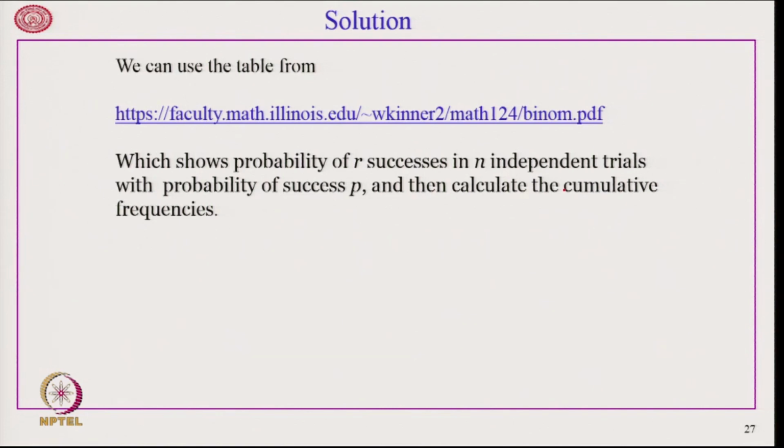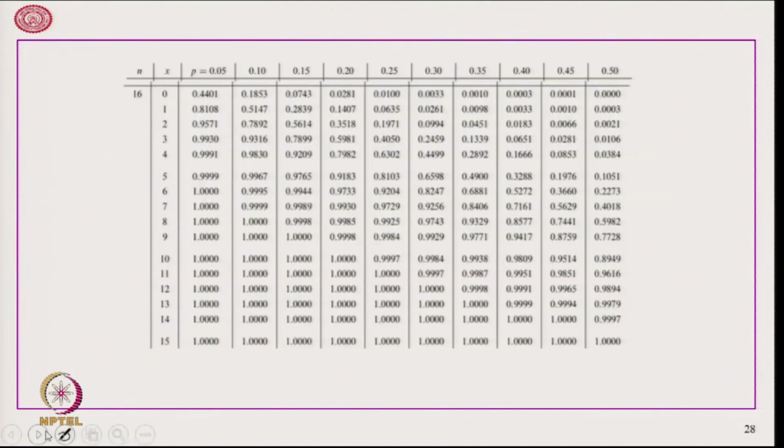For sign test we need to look at p is equal to 0.5. So, consider this table. I am just giving you for n is equal to 16. Similar tables are there for different values of n. On the header we can see different values of p starting from 0.05 to 0.50.